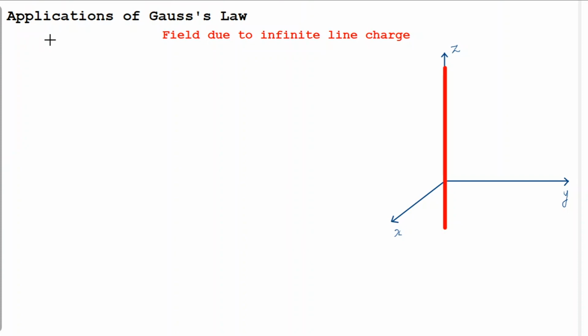Now to apply Gauss's law, we know that any charge, in any form, should be enclosed by a closed surface. So to apply Gauss's law, first we have to enclose this line charge using a suitable Gaussian surface.